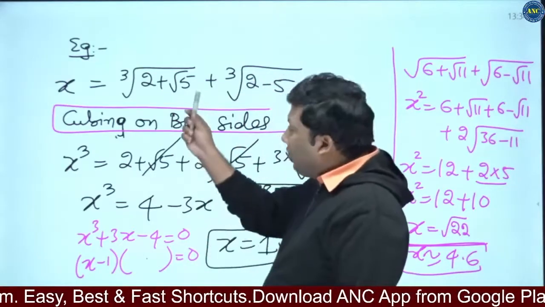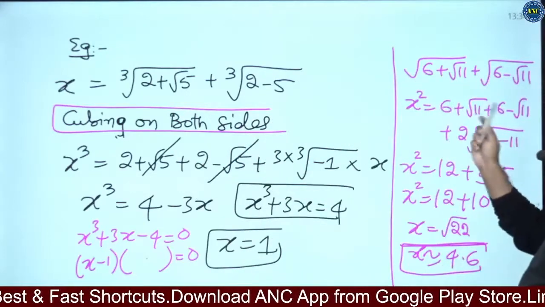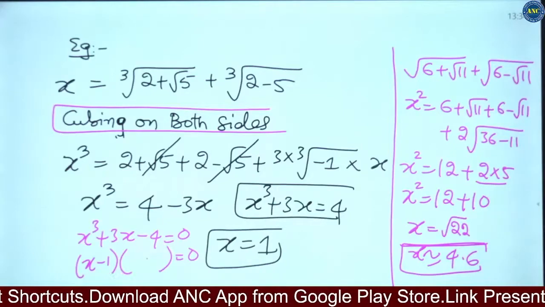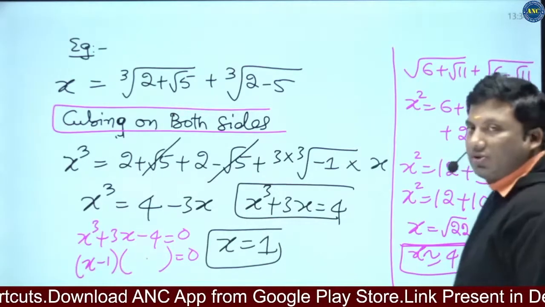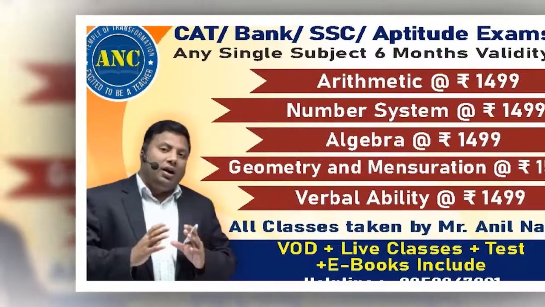I hope it is clear when it is a smaller value. How to do it even if it is a smaller value? For the cube root of 6 plus root 11 plus the cube root of 6 minus root 11, the answer is 46 whole square, 2196. This is for a smaller value.